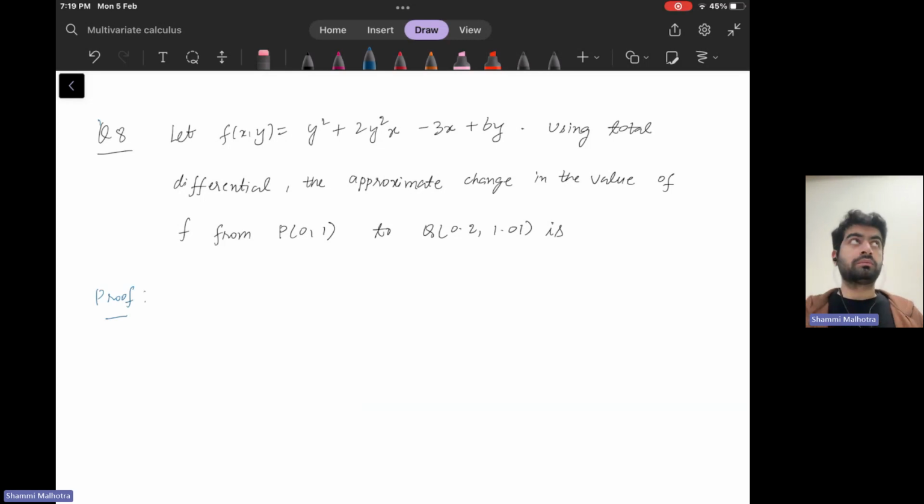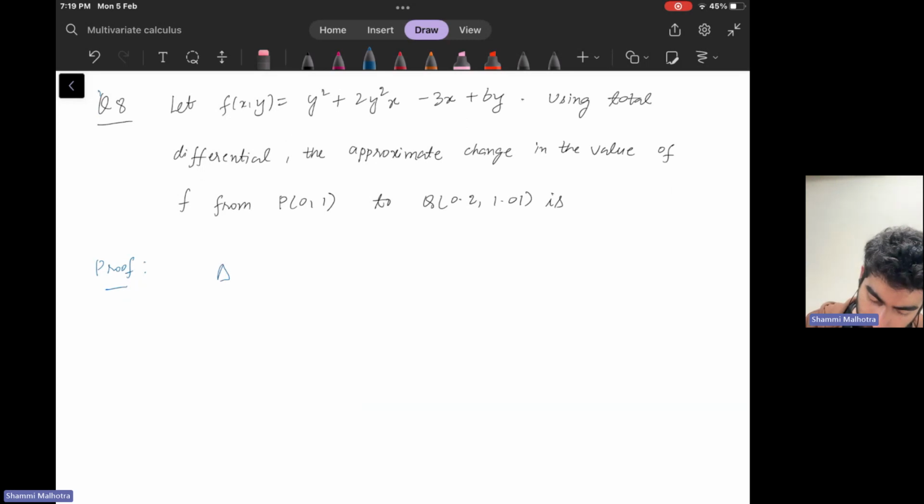I have to find the approximate change. I know that the approximate change is given as df, and df is nothing but the partial derivative with respect to x at the point which I'm calculating, times the change in x, plus the partial derivative with respect to y times the change in y.